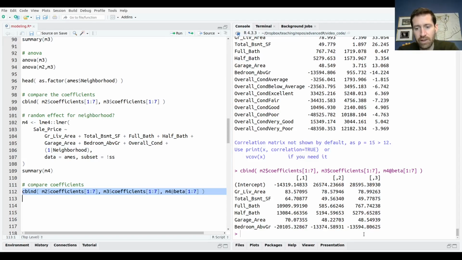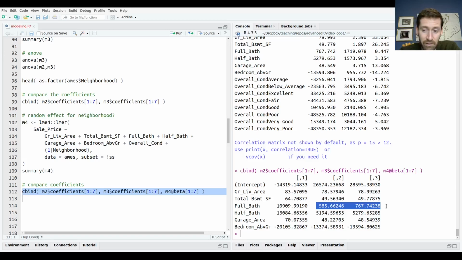What you'll generally find when you convert a fixed factor effect to a random effect is that the estimates don't change that much, but there will be slight differences. So the intercept's about the same, the effect of size is the same, the effect of basement is the same. This one is maybe the most different.